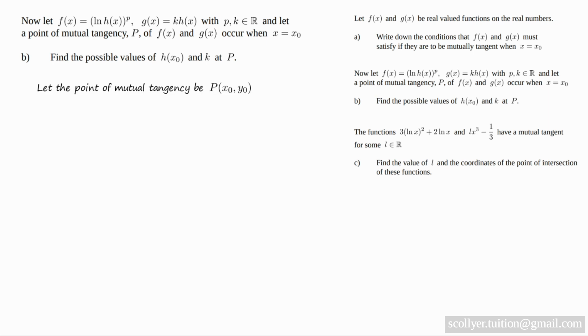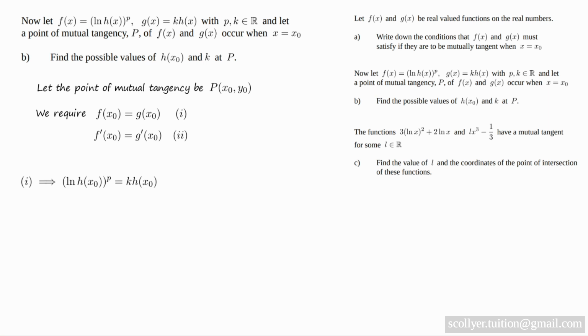So we let the point of mutual tangency be P with coordinates (x_0, y_0), and from part A we require f(x_0) equals g(x_0), f'(x_0) equals g'(x_0), and we label those statements 1 and 2.